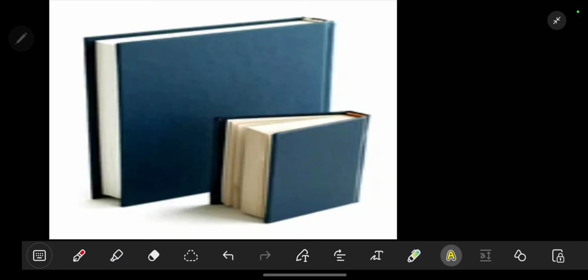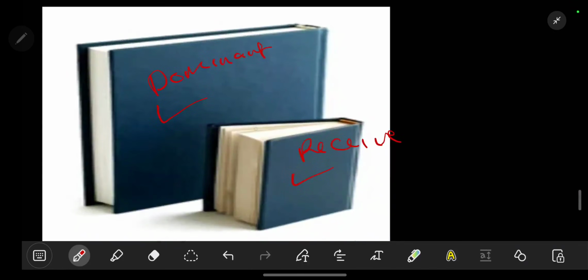Okay, to understand this, let's look at this analogy. We have this small book and this big book. Though we haven't discussed it, we can call this one the dominant, then this one the recessive. We are going to use the same idea. The phenotype is the outward expression of a gene.